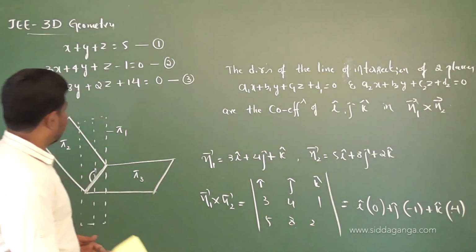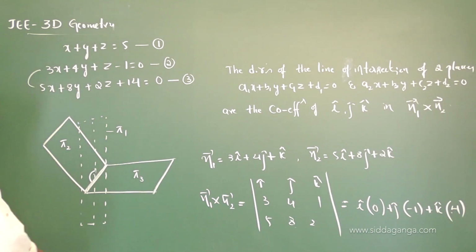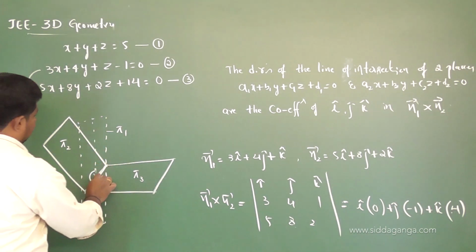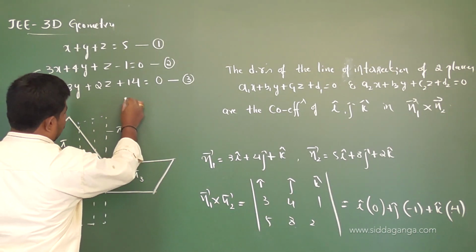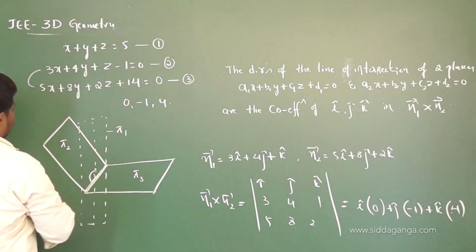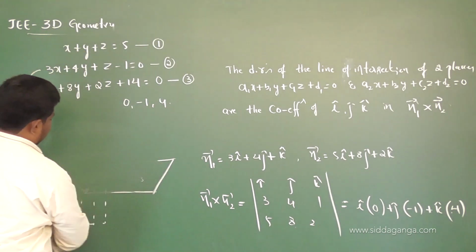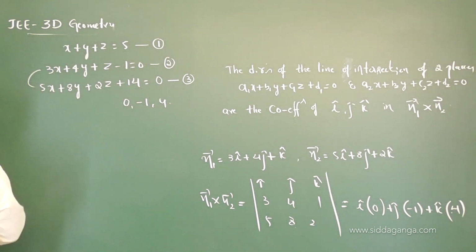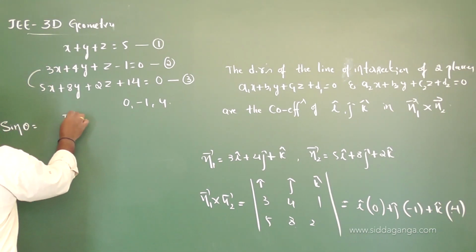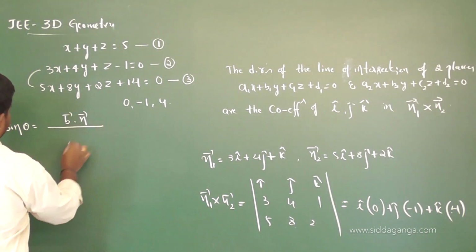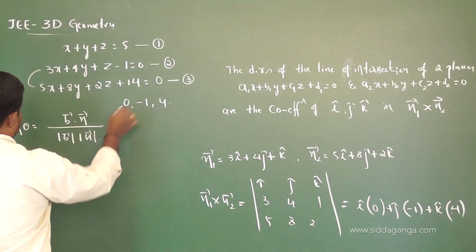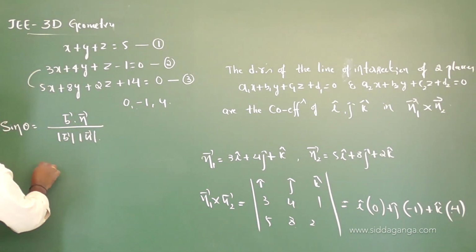Now you have to find the angle between this line and the plane. This line has the ratios 0, minus 1, 4, and we have the plane. The angle between a line and a plane is given by sin theta equal to b dot n by magnitude of b into magnitude of n.